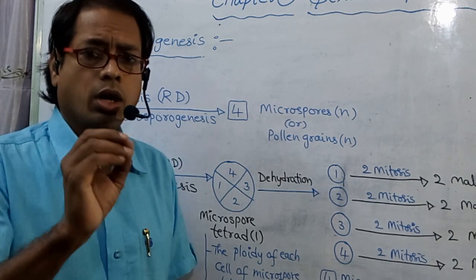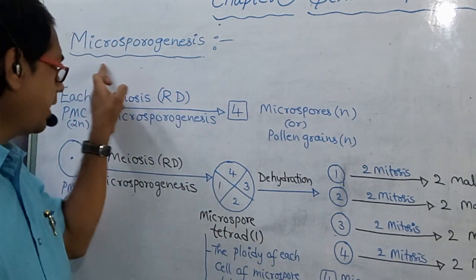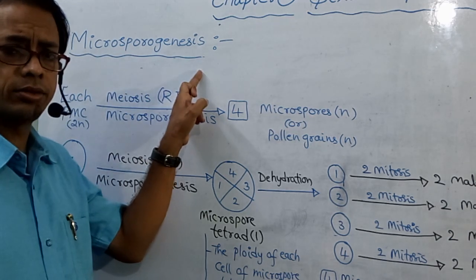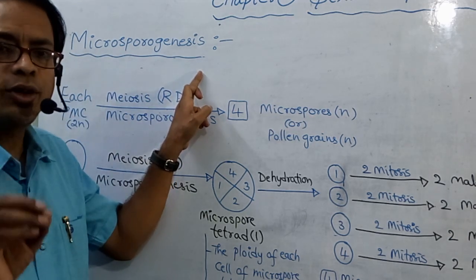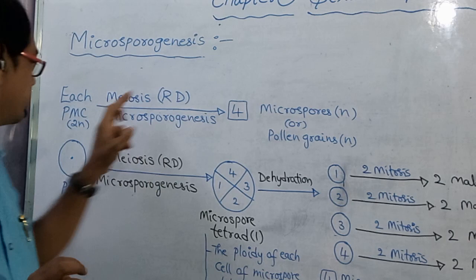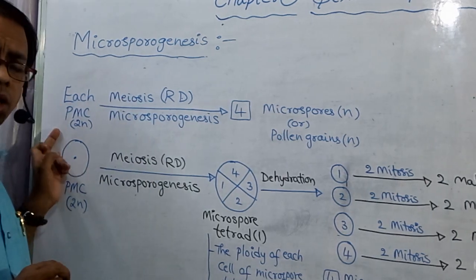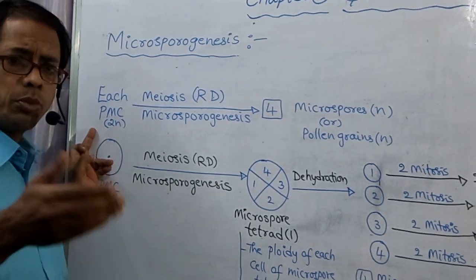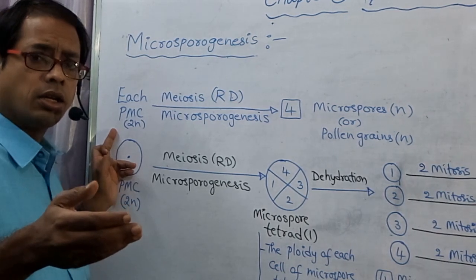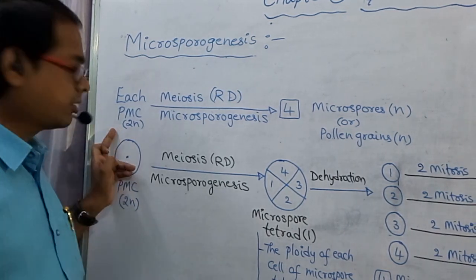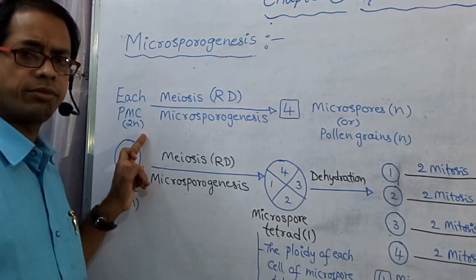Now I want to explain microsporogenesis. What is that? Each pollen mother cell, also called microspore mother cell, is diploid in nature.